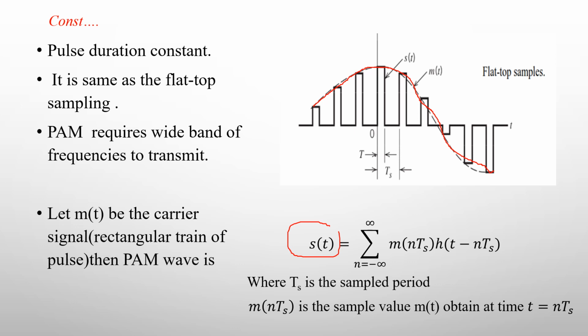The mathematical equation for s of t is the summation from n equal to minus infinity to infinity of m of nTs into h of t minus nTs, where Ts is the sampling period. Here m of nTs is the sample value of m of t obtained at time t equal to nTs. Here for h of t minus nTs, we have to find the t value. So t minus nTs is equal to 0, so t is equal to n into Ts.